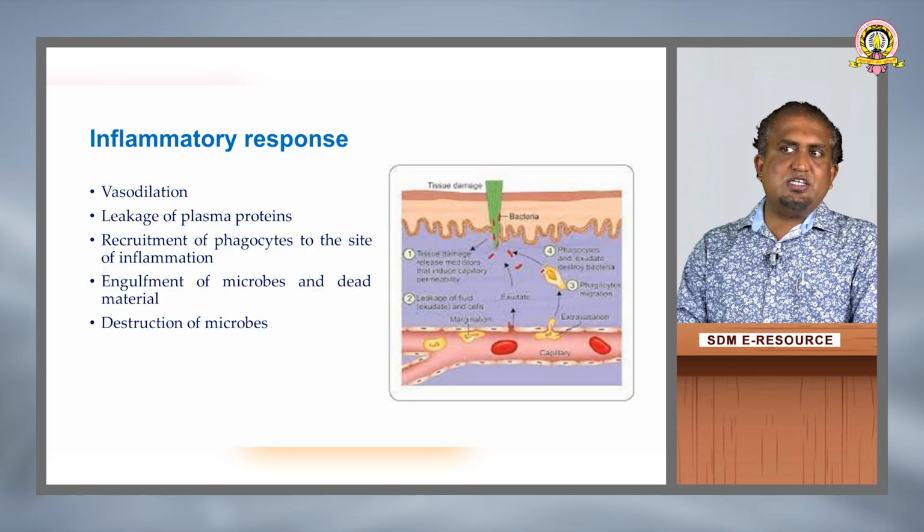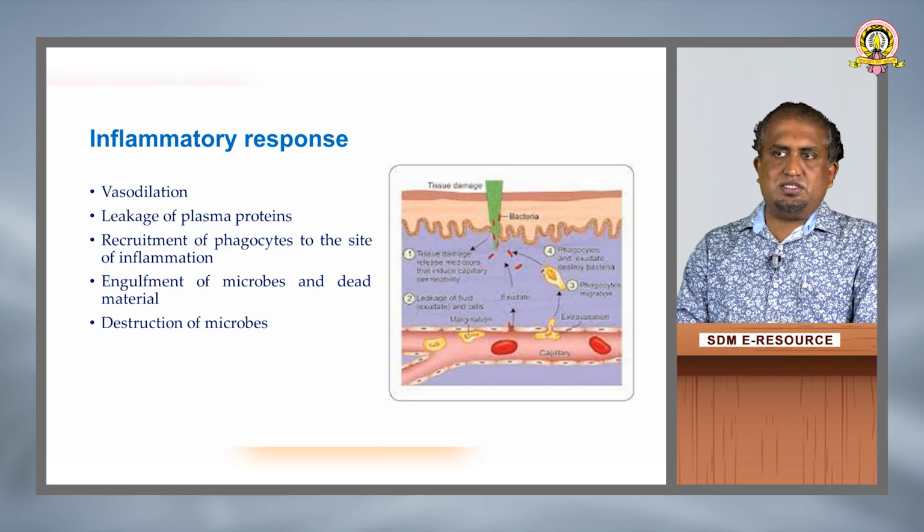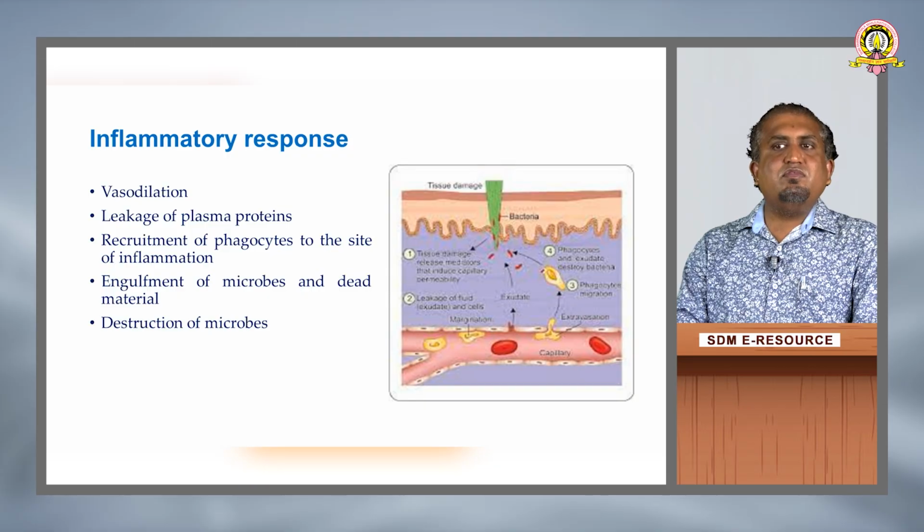In the picture you can see so many phagocytes, for example neutrophils, all coming to the site of the inflammation. Engulfment of the microbes and dead materials takes place because of the inflammatory response, and they destroy the microbes which are trying to enter inside the body. So, this is the inflammatory response, which is another component of innate immunity.